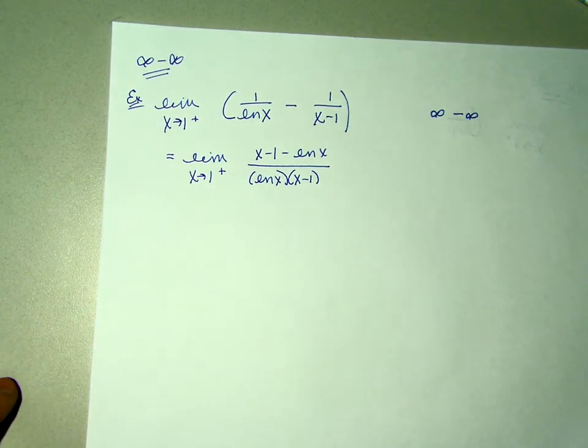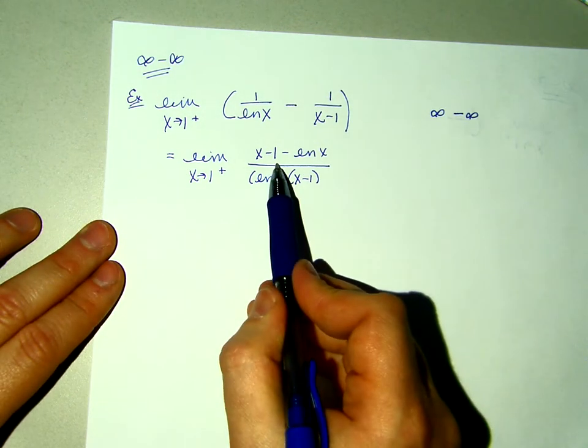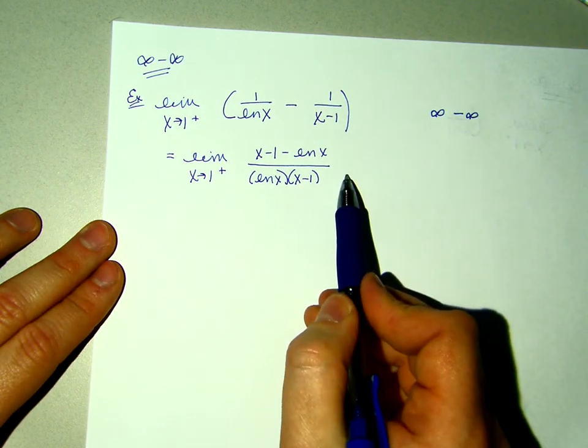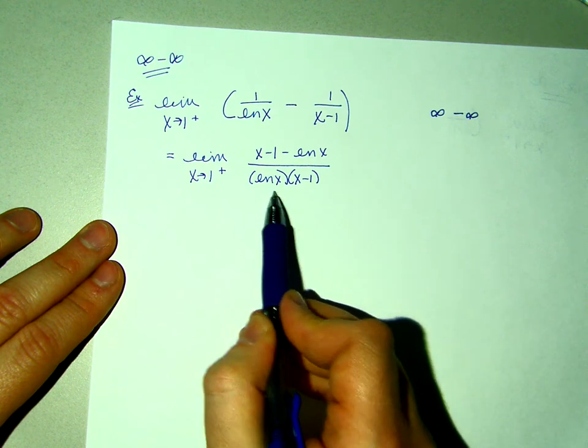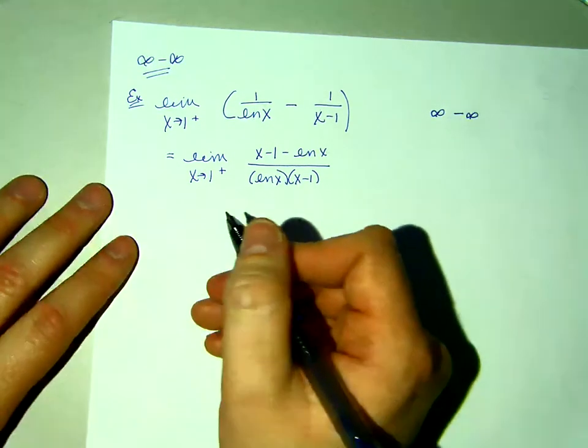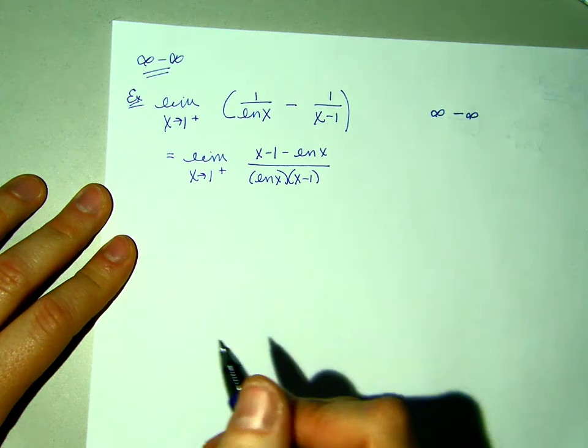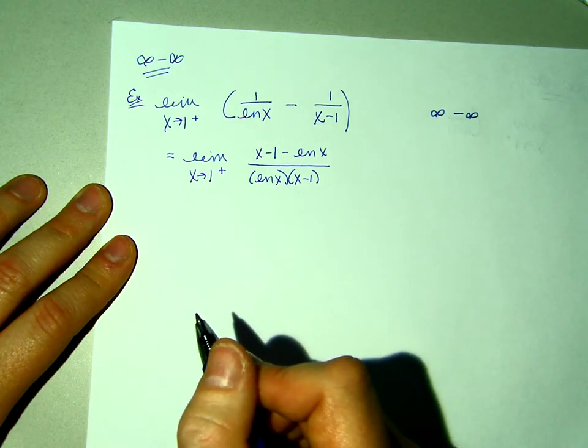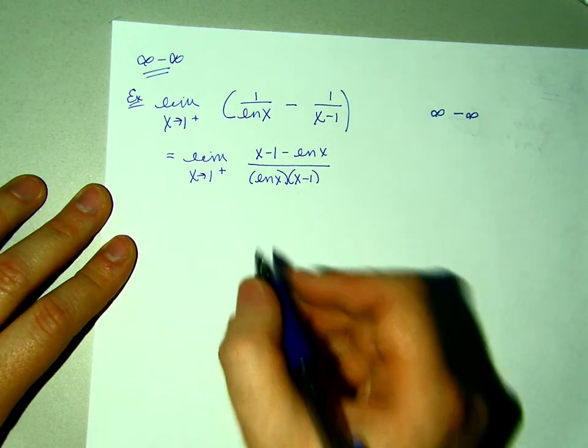At this point, if you plug in 1 minus 1, 0, minus the natural log of 1, 0 on the top. Natural log of 1 is 0, this is 0. Plugging in gives us 0 over 0, so now we can use L'Hopital's rule. The trick with infinity minus infinity is really just get a common denominator.